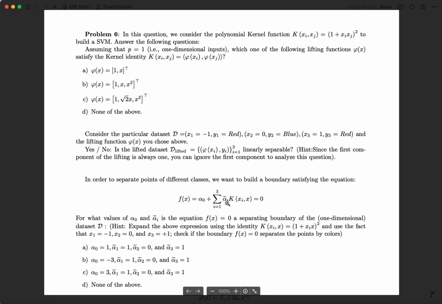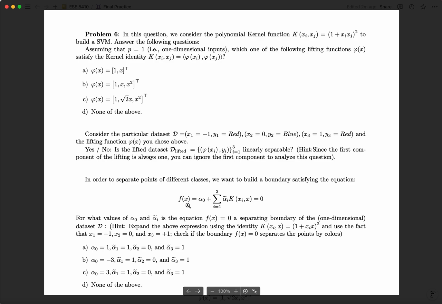So alpha 1 tilde corresponds to x1, alpha 2 tilde corresponds to x2, etc. And this sums over all the data points in our data set, in this case 3 data points.